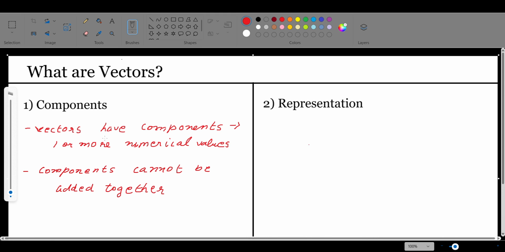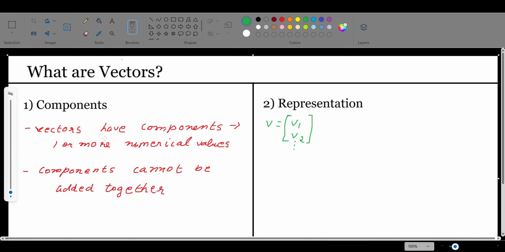Okay, now how do you represent a vector? Let me show that to you. Let's say you have this vector v, and let's say it has 2 components, v1 and v2. You can write it in this way. This is for 2 components. It could have 3, 4, 5, 100, however many components. You would write it continuously in this way.